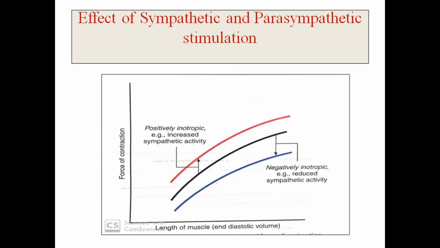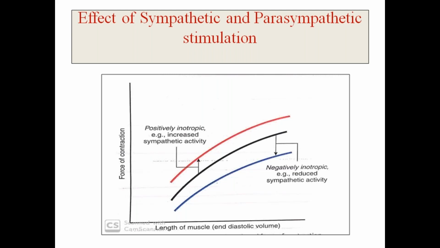Now coming to the effect of sympathetic and parasympathetic stimulation. We have seen the effect of sympathetic over the heart rate. With the heart rate, there is also an increase in the force of contraction, the contractility. Sympathetic nerve stimulation causes beta 1 receptor activation, which causes activation of calcium channels, more calcium entry, and because of that there is an increase in the force of contraction.